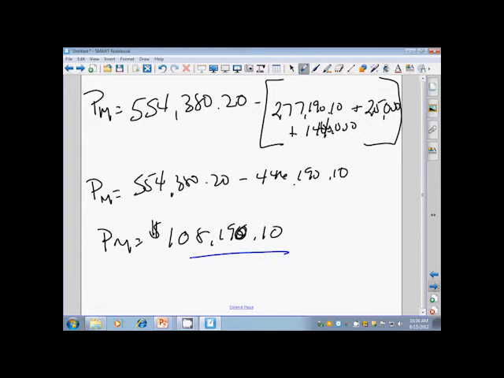I would pick the mall. I'm going to get a higher profit. That would be the better option. This right here is how we take a look at a cost profit volume and looking at pretty much a profit statement, revenue minus total cost.